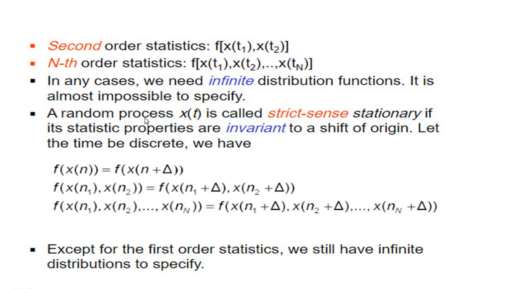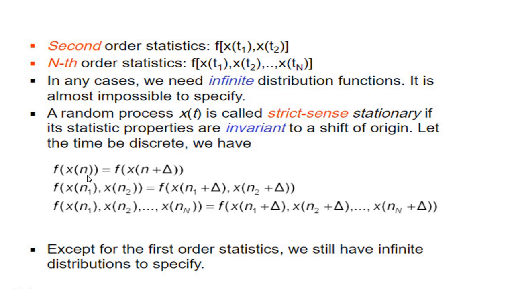A random process x of t is called strict sense stationary if its statistical properties are invariant to a shift of the origin, or independent of the shift of origin. Let the time be discrete. We have f of x of n equal to f of x of n plus delta. So though there is a shift in this, what happens? Both are the same.